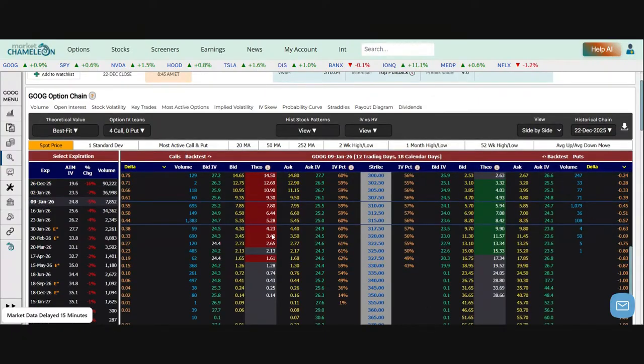And on the right-hand side, you can see these are the different strikes and the calls and puts. Calls on the left-hand side, puts on the right-hand side, with the bids and asks for the corresponding calls, and the bids and asks for the corresponding puts.